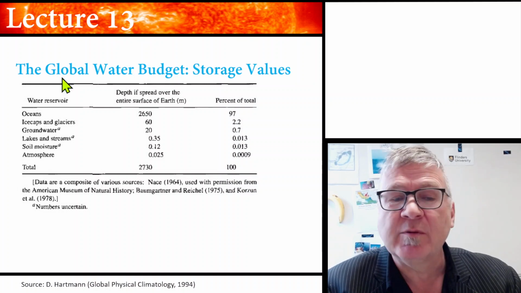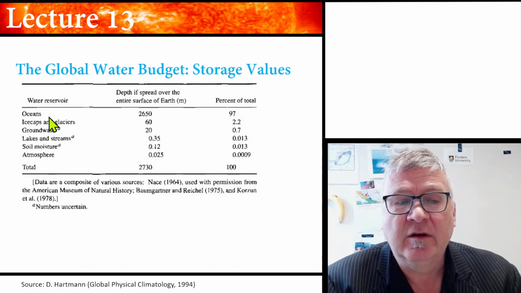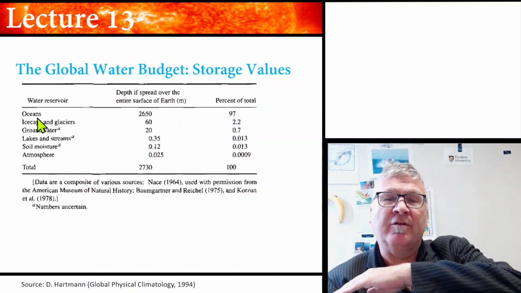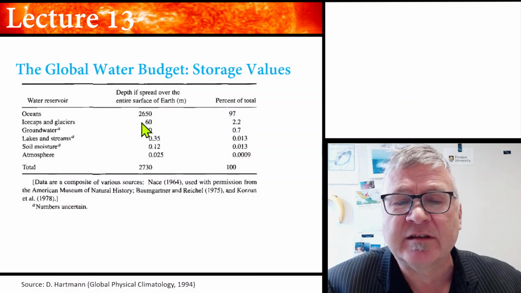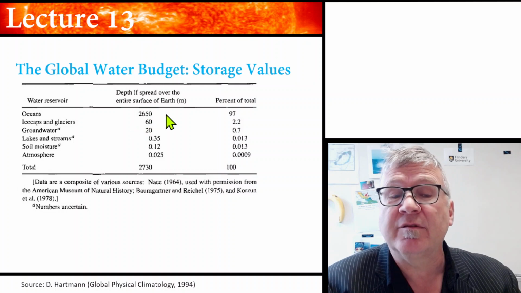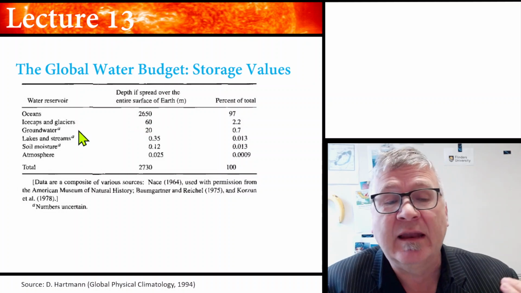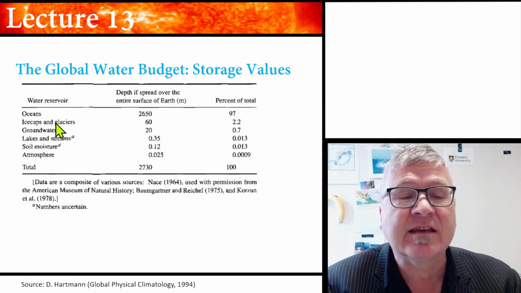In water reservoirs, we have the oceans. Expressed as a thickness if covered across the entire surface of Earth, it would be 2,650 meters.